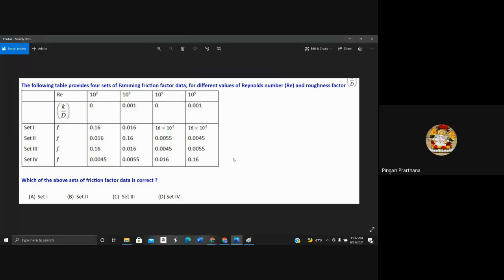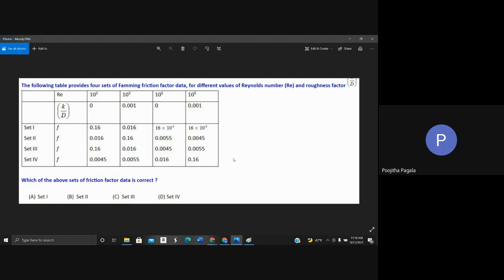Laminar flow. So for laminar flow, what is the value of F? 16 by NRE. So 16 by NRE is going to be 0.16. So you can eliminate set 2 and set 4. The answer should be either set 1 or set 3.